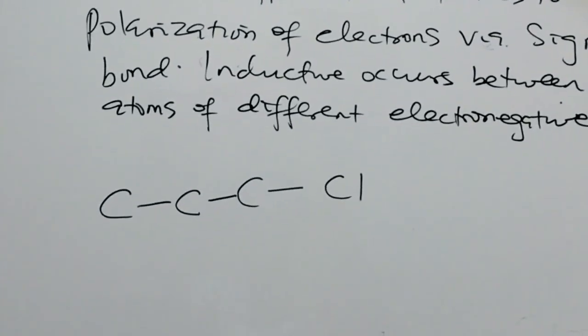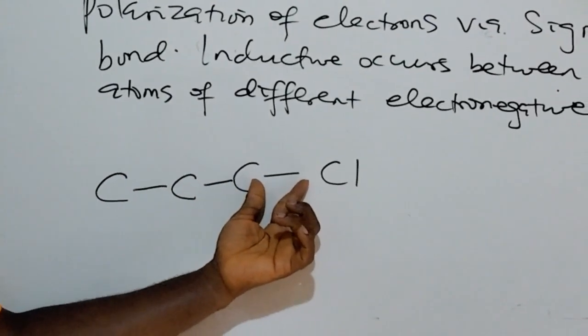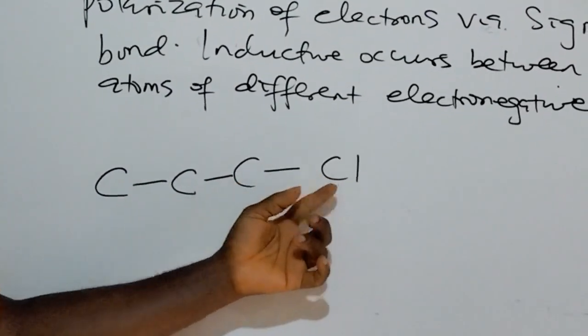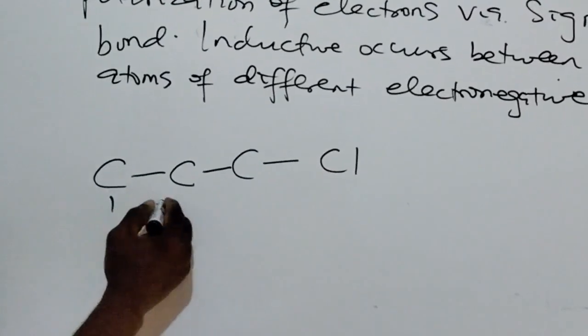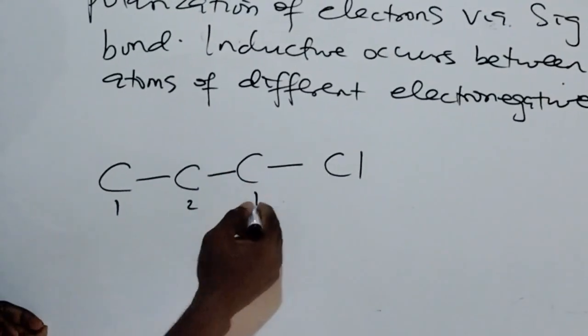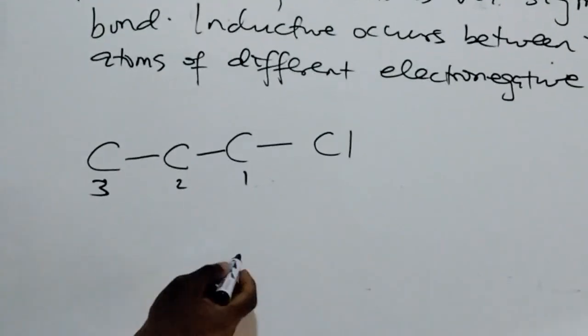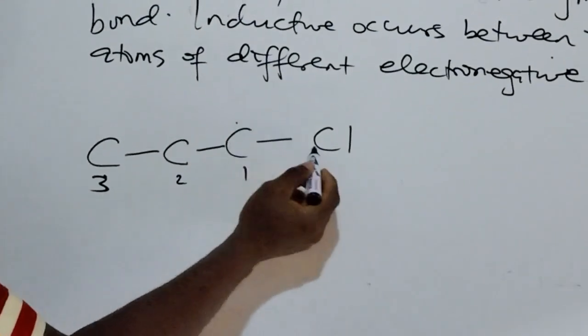So there's going to be a tug of war between this carbon and this chlorine. Let's number the carbons 1, 2, and then 3.